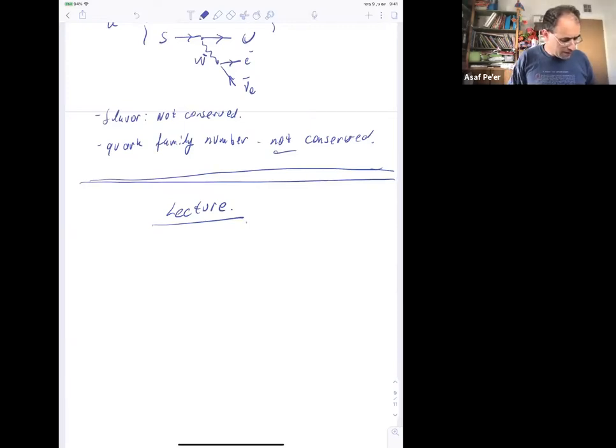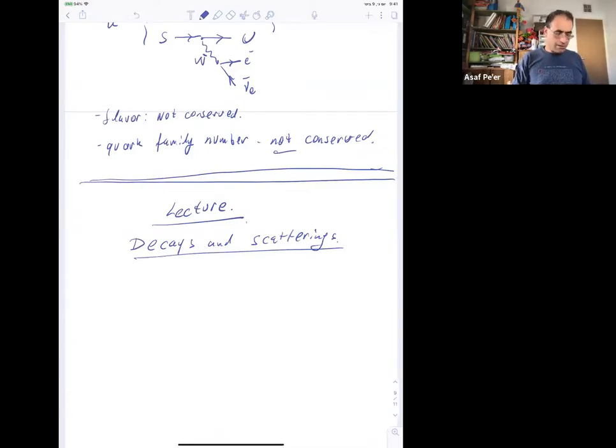Remember that last time we spoke about the general description of decays and scatterings. I introduced to you Fermi's golden rule. We discussed decays, so I had the Fermi golden rule for decay.